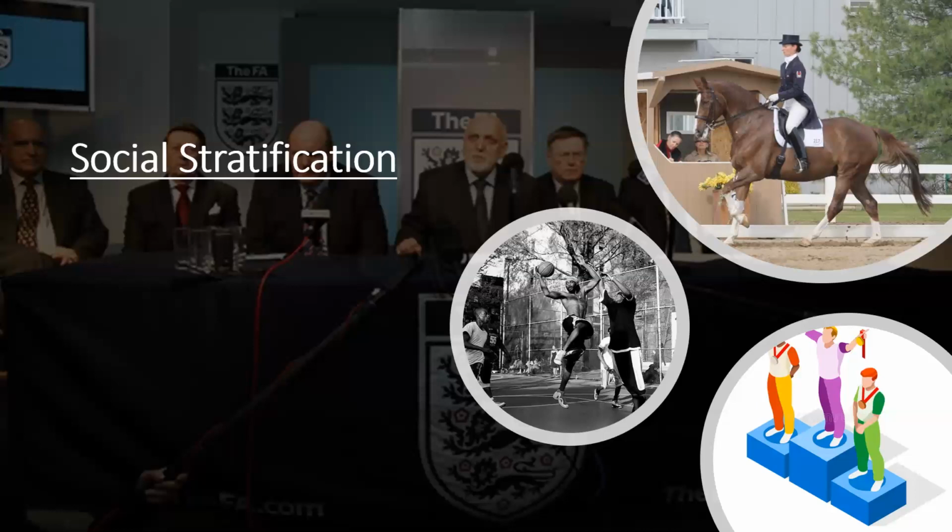It doesn't take a genius to work out which of those sports is geared towards the upper class: things like equestrian, polo, and that sort of thing. You would only ever participate in them if you are from the upper class.